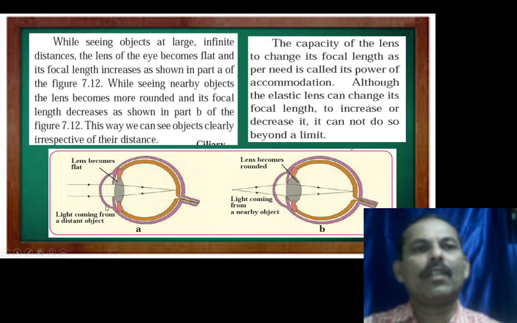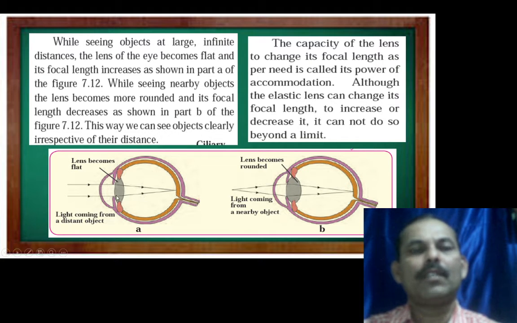So you will get an idea about that capacity of the lens to change its focal length.